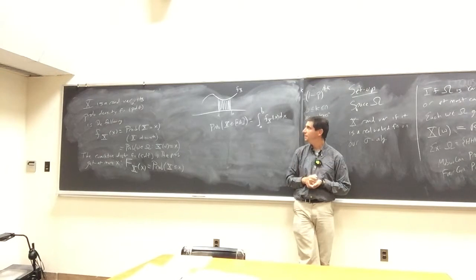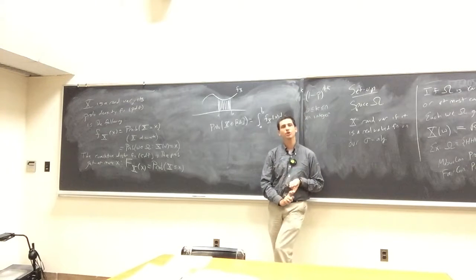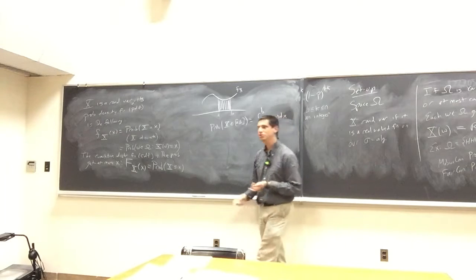Can I choose any function as a density? You can't choose a function that has a total area greater than 1. And in fact, could we have a function whose total area is less than 1? No. So we need two things.